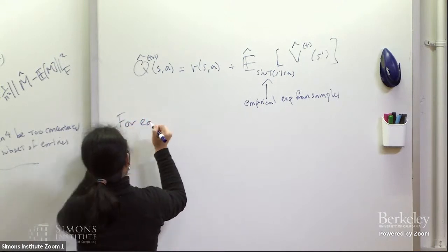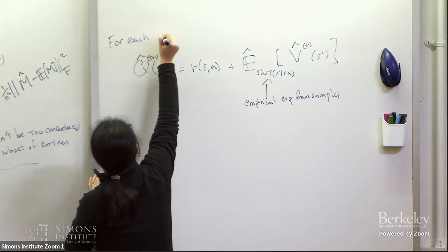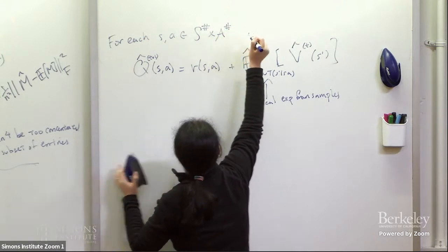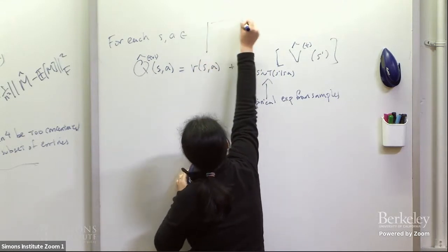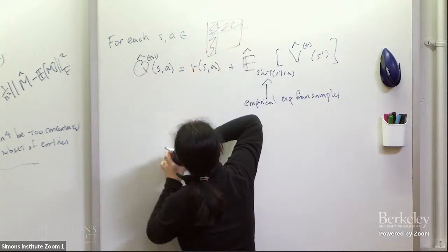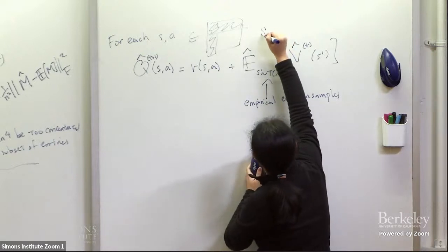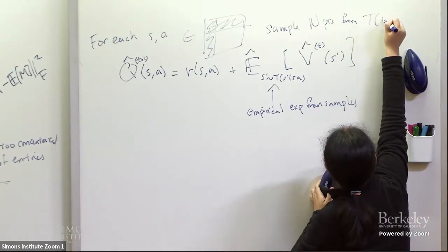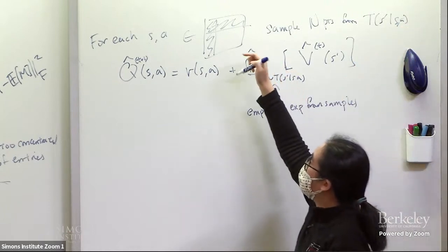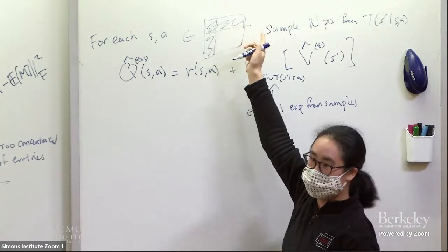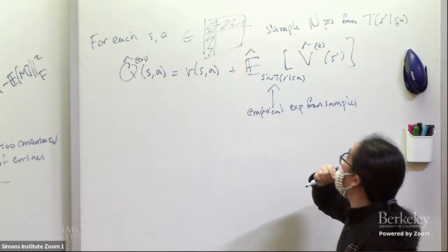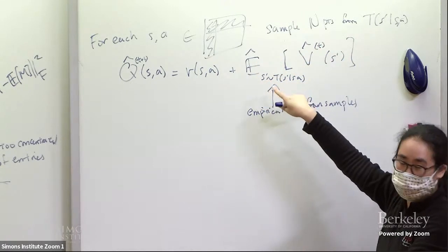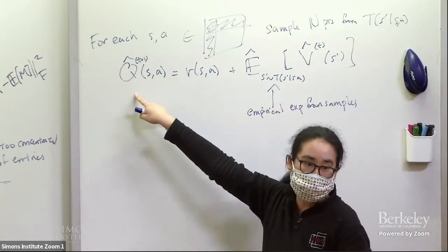For each state and action pair in this special set, which I'll draw in the picture here, they sample next states from the transition kernel, and use those to estimate the expectation, but they're iterating on their estimate of the previous value.